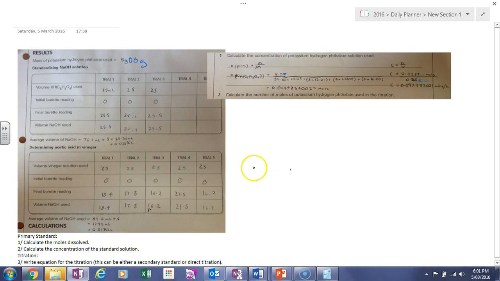All right, so then you want to work out the moles of the potassium hydrogen phthalate used in the titration. So we could do this with the formula of C, that should be a C, C equals N over V, which we're actually looking for N in this case, so we rearrange that to N equals C times V. We know what C is, it's this number here, so we'll put a little A there, so it is A times 0.025 liters, because remember we put 25 milliliters into the conical flask.